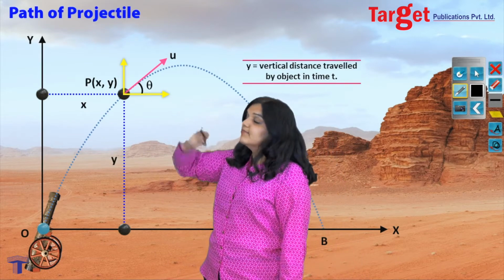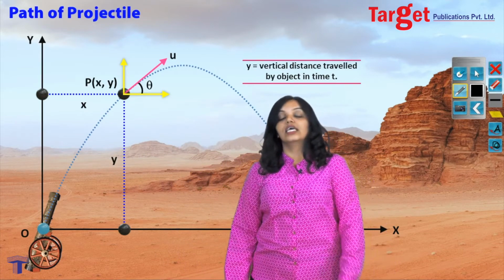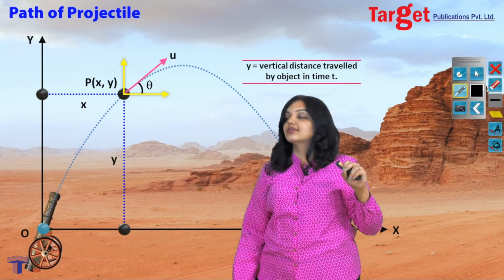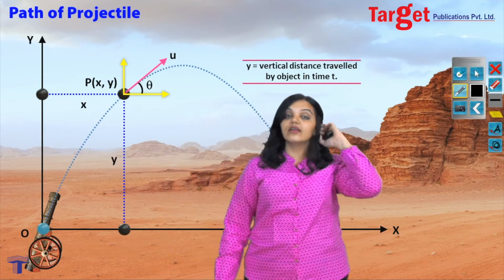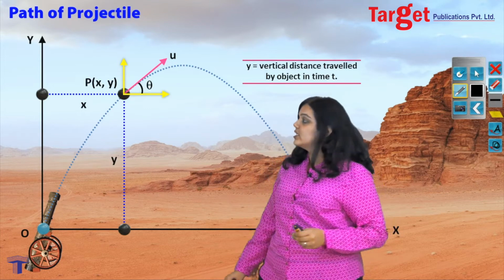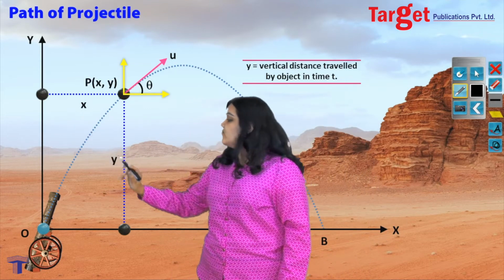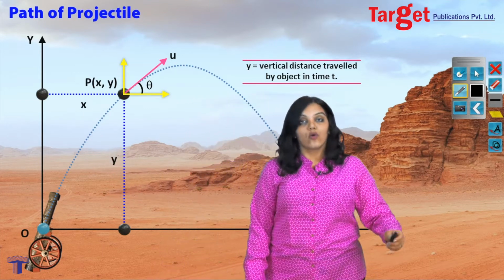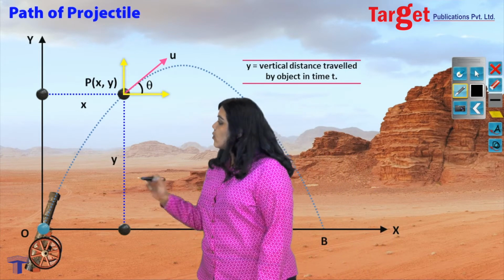So, at some random point in the motion, the general horizontal distance is x and the general vertical distance is y. And what I want to do is find an equation for this x and an equation for this y. So, let's see how we're going to do that.